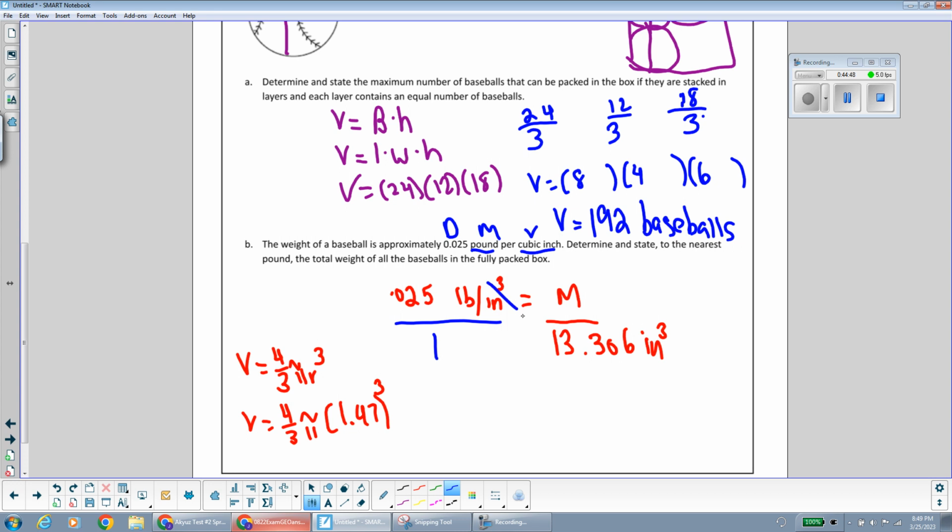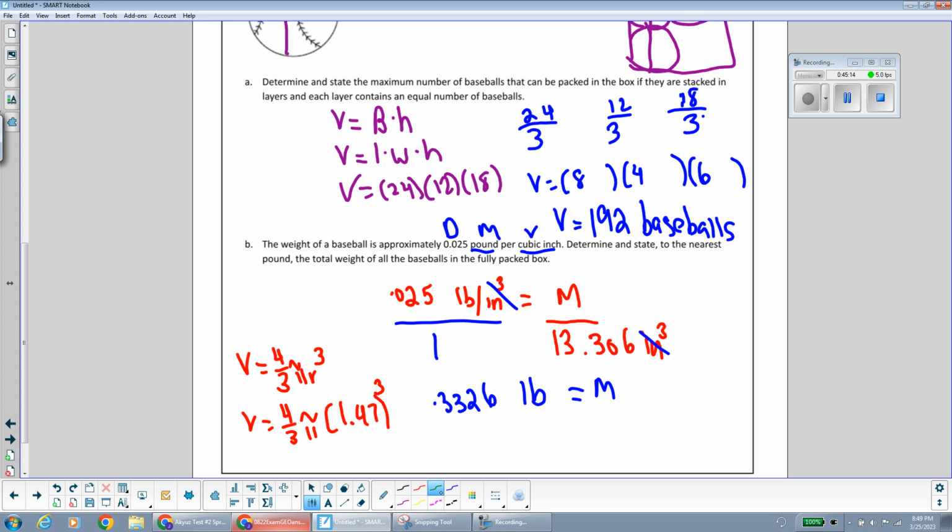So the volume unit cancels out, and we're left with the mass unit, which makes sense because we want the weight of the baseballs, and that will be in pounds. So let me multiply by 0.025 because we're cross multiplying, and that is about 0.3326 pounds. So that is the mass of one baseball.